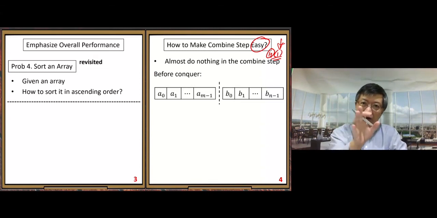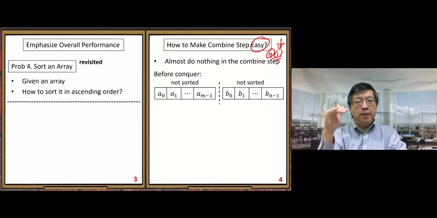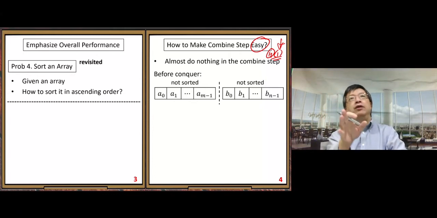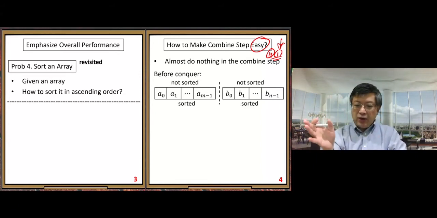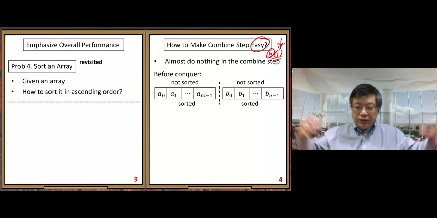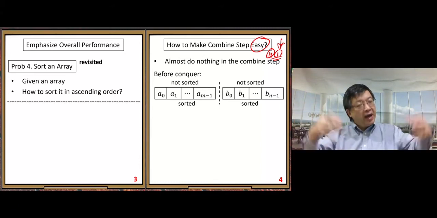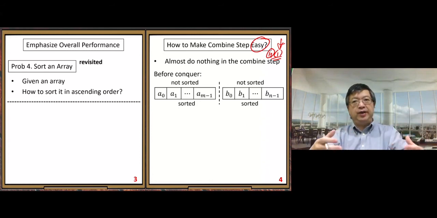Before conquer, the first array is not sorted, and the second array is also not sorted. Then conquer, recursive call, conquer each one. The first array is sorted, the second array is also sorted by recursion. After that, we want to combine, put together to get a new, bigger sorted array.